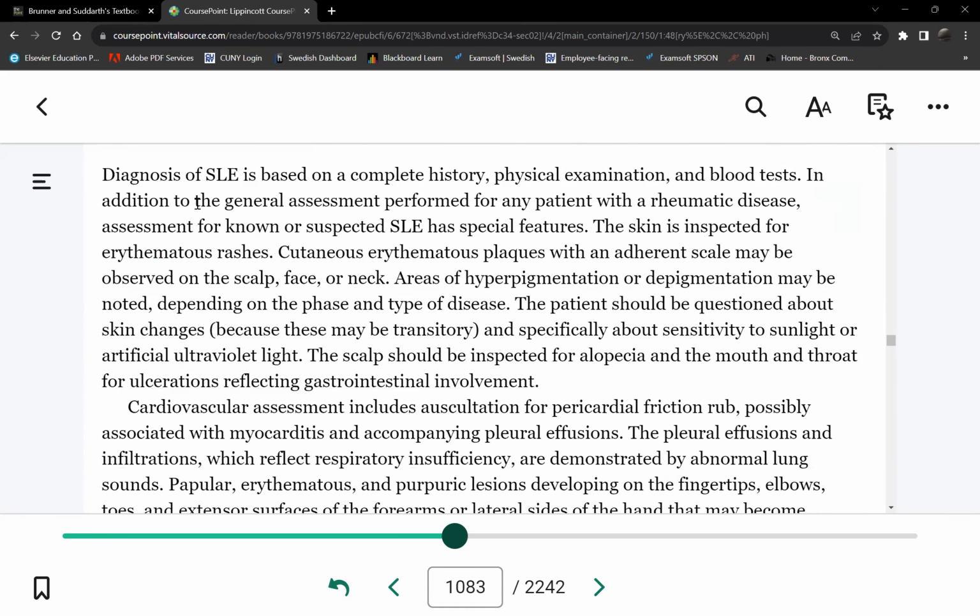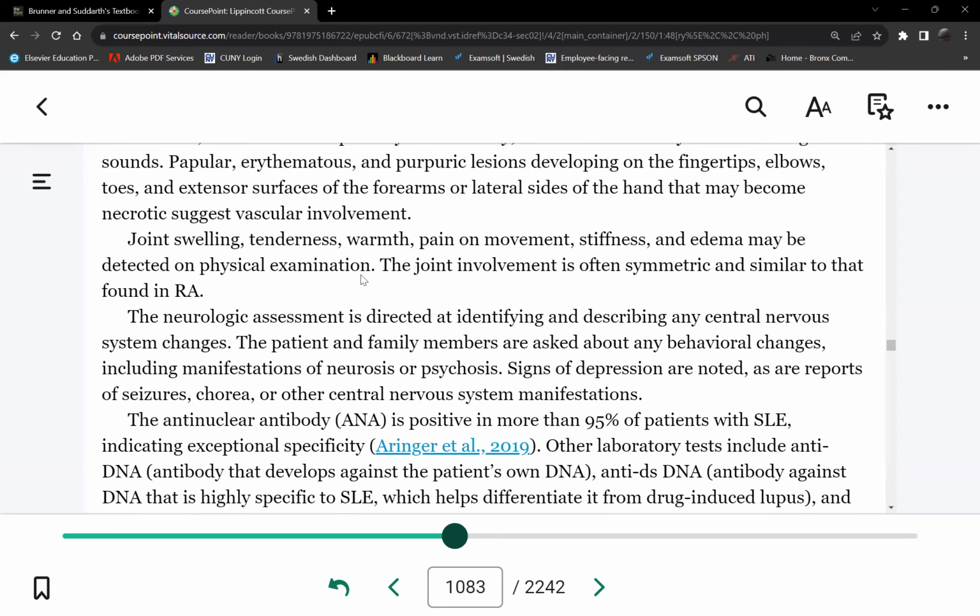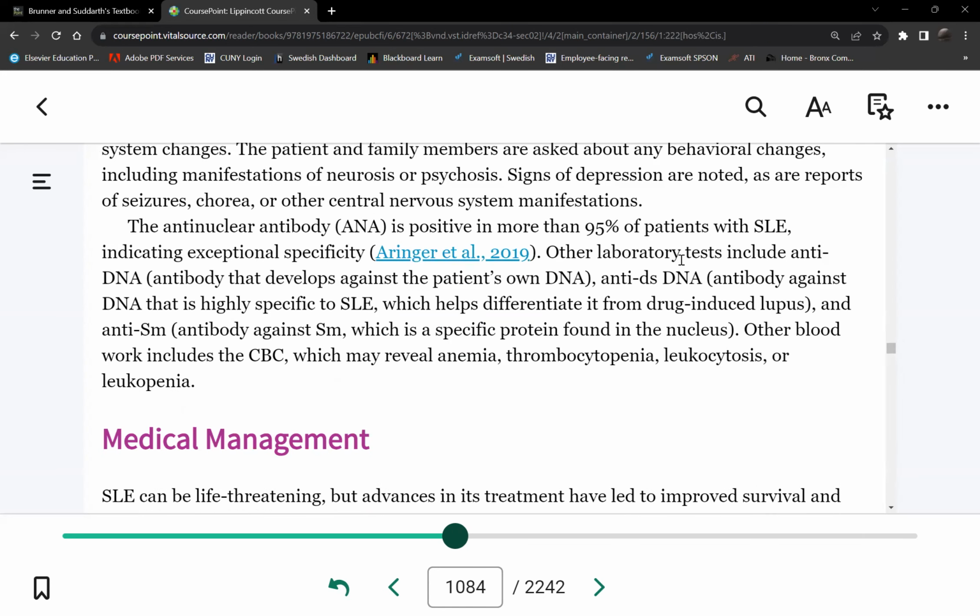As already mentioned, there is no one test to diagnose lupus. So as stated here, it is based on a complete history and a physical exam based on clinical symptoms. The testing mentioned here, let's say ANA antibody, the rheumatoid factor. So similar tests done for rheumatoid arthritis.